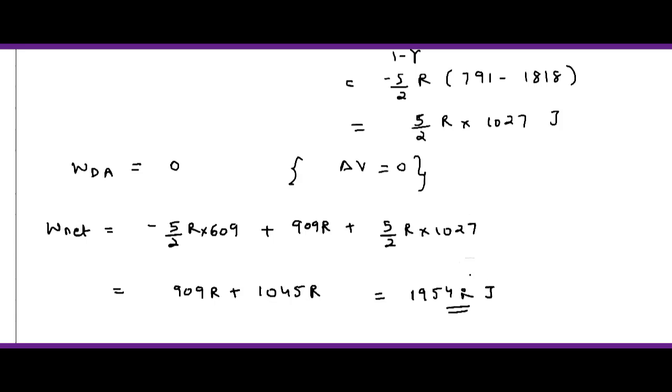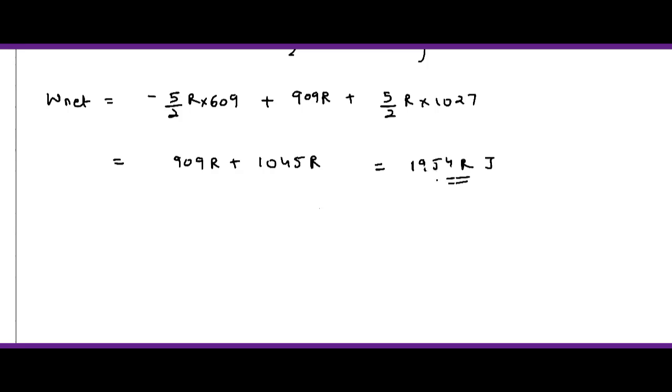We have just kept the value of R as it is everywhere, because we are trying to avoid the decimal part. Now we can easily calculate the efficiency, which is nothing but W net upon heat supplied, into 100.